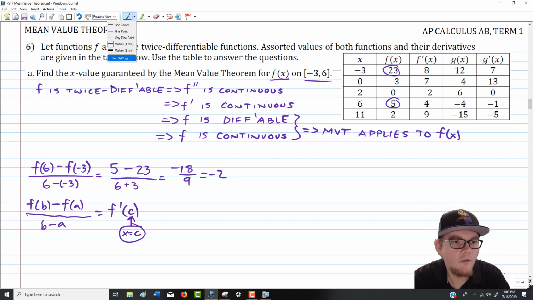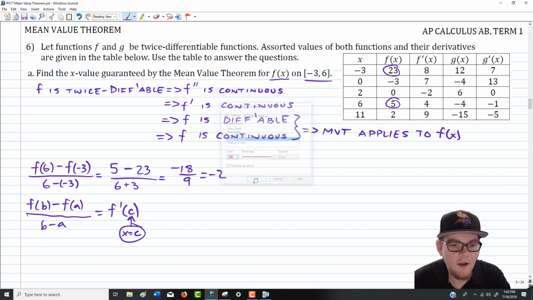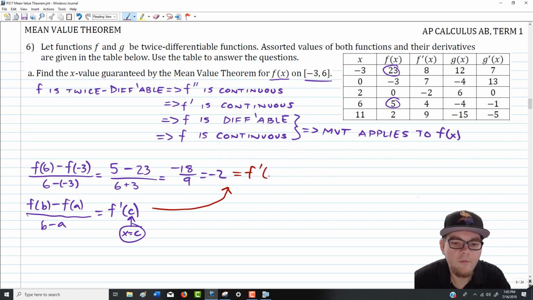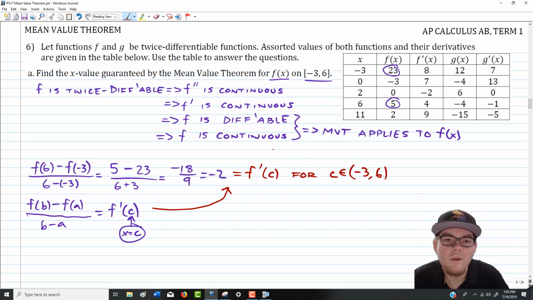In other words, we're trying to figure out when -2 equals f prime of c for some c value on the interval from -3 to 6. And gosh darn it, we don't even know what f is. We only know some values, and we only know some values of the derivative. The question might be, is this even possible? And it certainly might not be possible unless the table has been constructed appropriately.